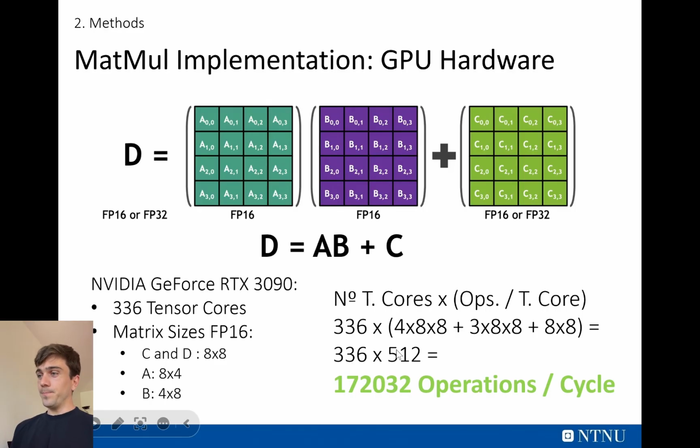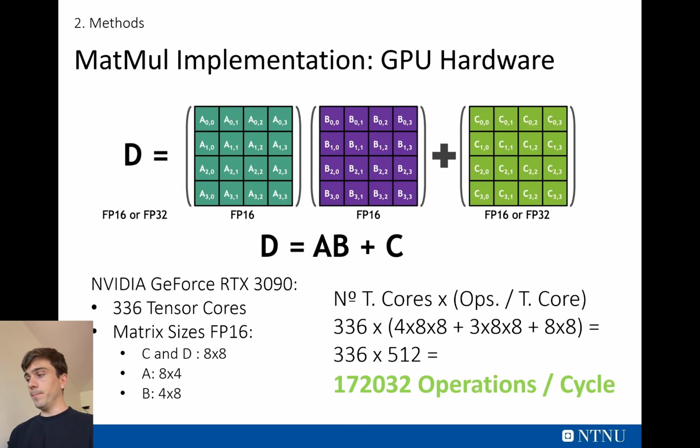So this means that in a single A times B plus C, we have 512 multiplication or addition operations. And then if we multiply it by 336, we have that in a single cycle, the GPU is able to compute 172,000 operations in one cycle.